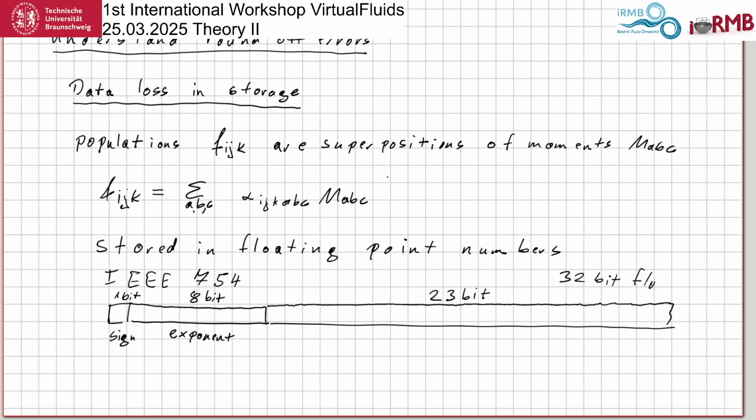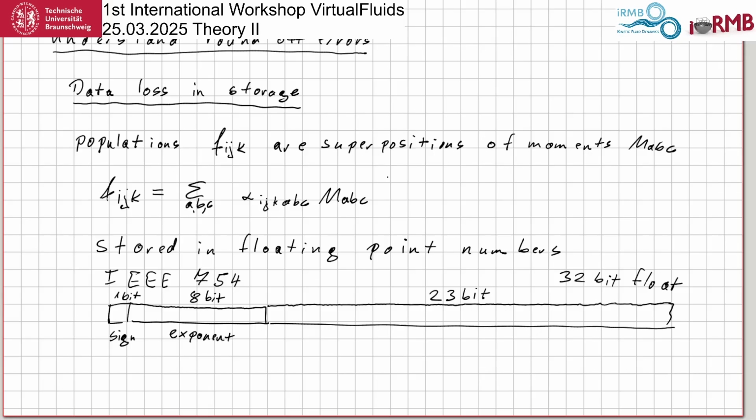So in VirtualFluids, when you compile VirtualFluids, you have to set in CMake whether you want to compile it as float or as double, right? So these are the only versions that we distinguish, and then all the variables will be called real in the code.